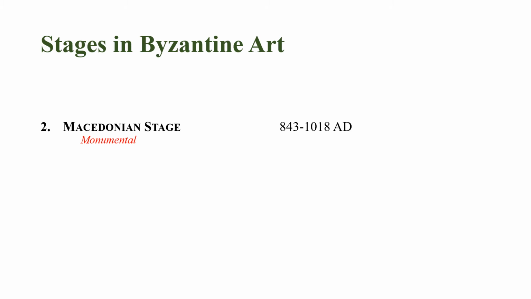The period is called Macedonian because just 4 years after the Council of 843, which legitimized the use of religious images, the Emperor Basil, called the Macedonian, acceded to the throne, and the art made during his period is sometimes called the Macedonian Renaissance.